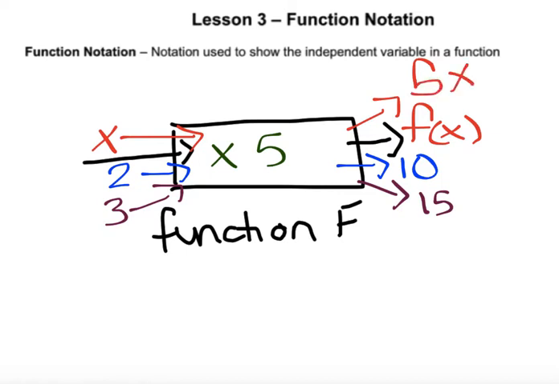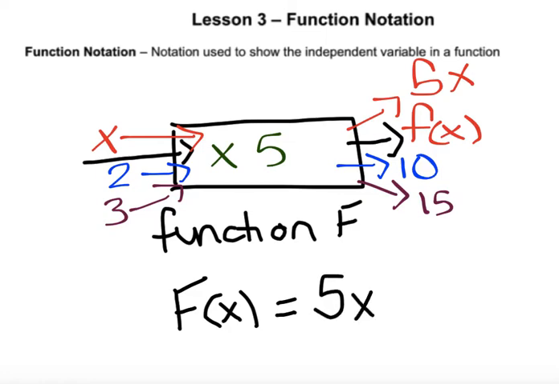So what this says is that f of x is the function of x, and it's going to be written as the following. When we write it, we're going to say f of x, and it's going to equal whatever you're doing to x within that box. In this case, we were multiplying it by 5, so it's going to equal 5x.